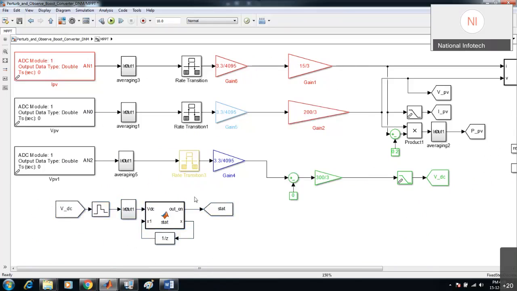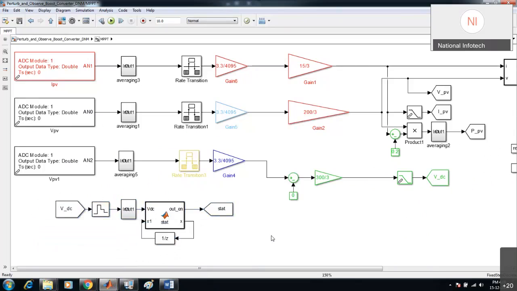This is for the prevention of the boost converter. Many students and even some faculties, when they are running the boost converter, do not connect the output load at the output side.